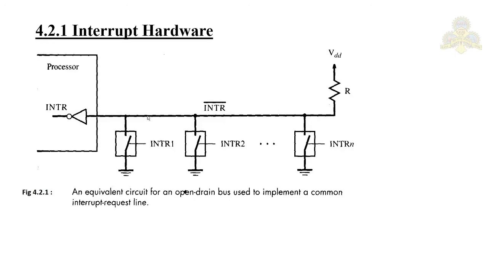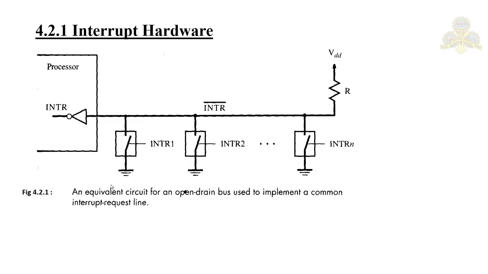In this interrupt hardware, as we already pointed out in earlier sessions, an I/O device requests an interrupt by activating a bus line, and that bus line we call interrupt request, which is this line INTR. A single interrupt request line may be used to serve n devices.